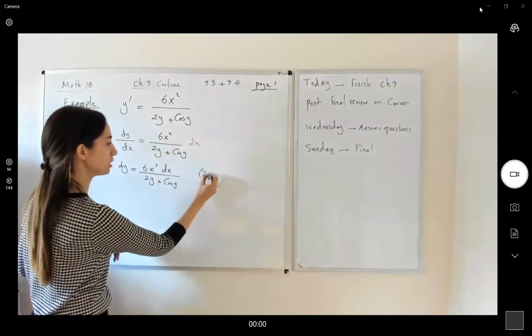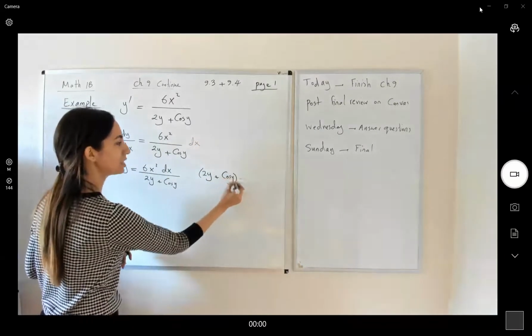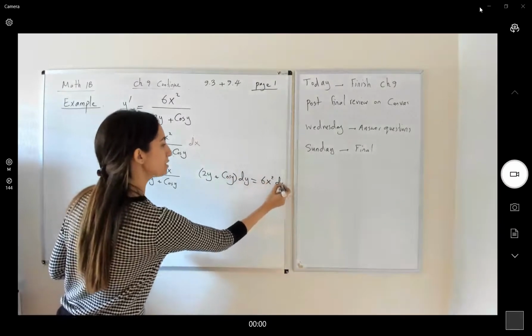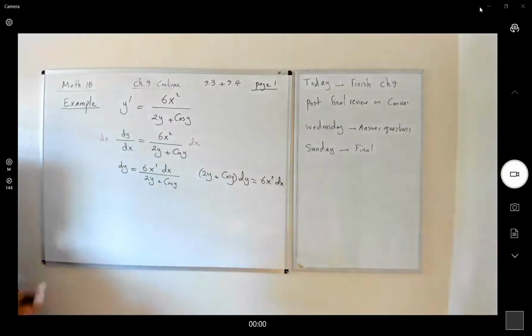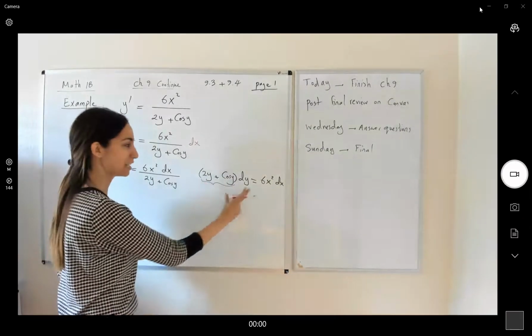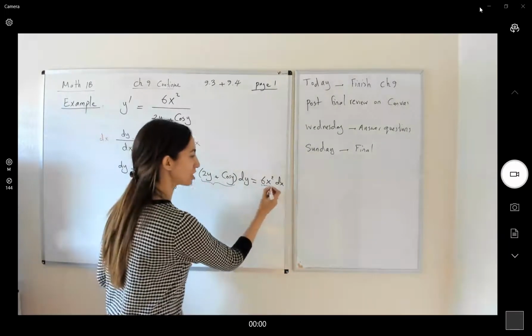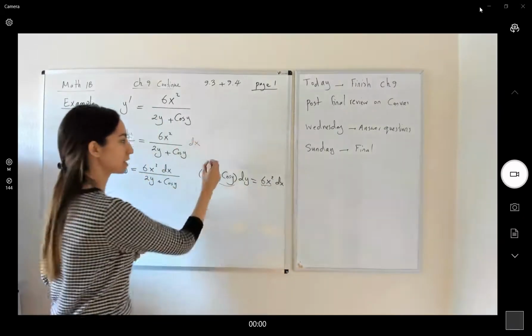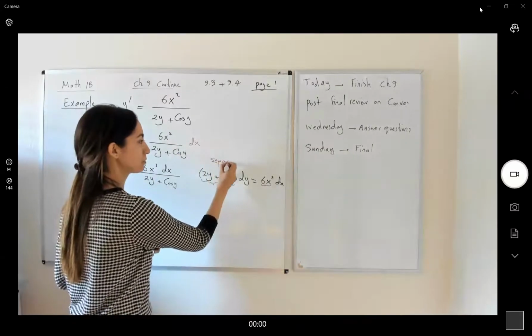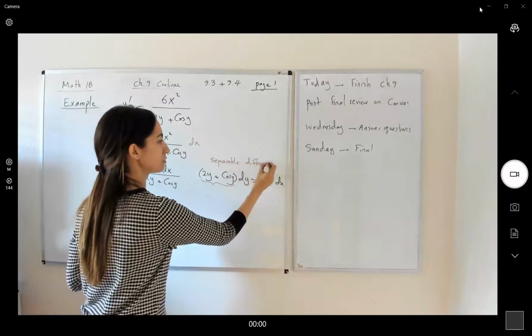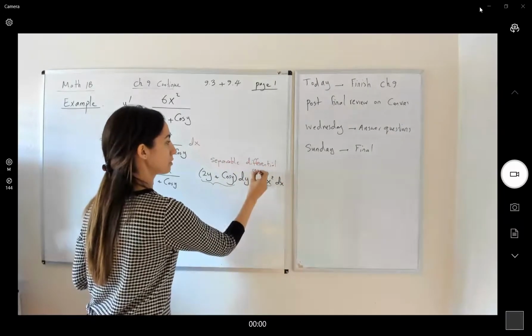I get 2y plus cosine y dy equals 6x squared dx. Perfect. As you can see, you have a function in y next to dy, and you have a term in x next to dx. It is a separable differential equation.